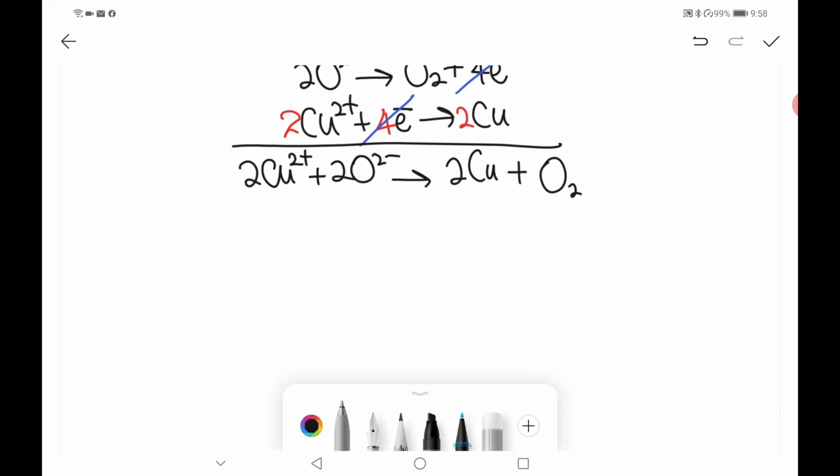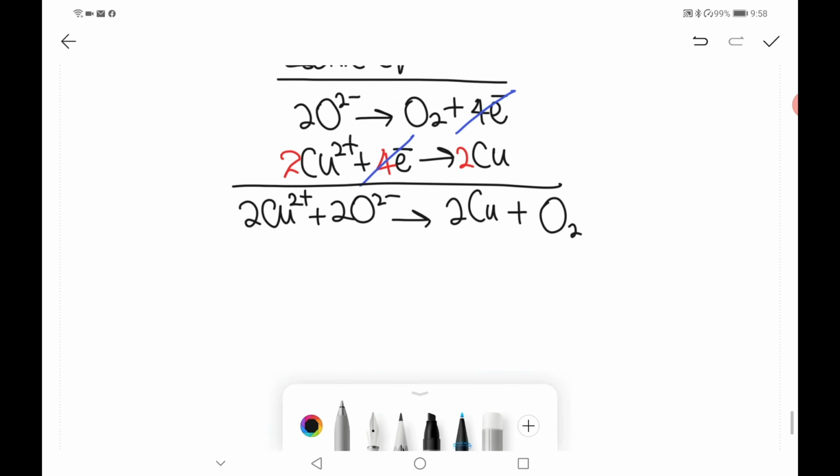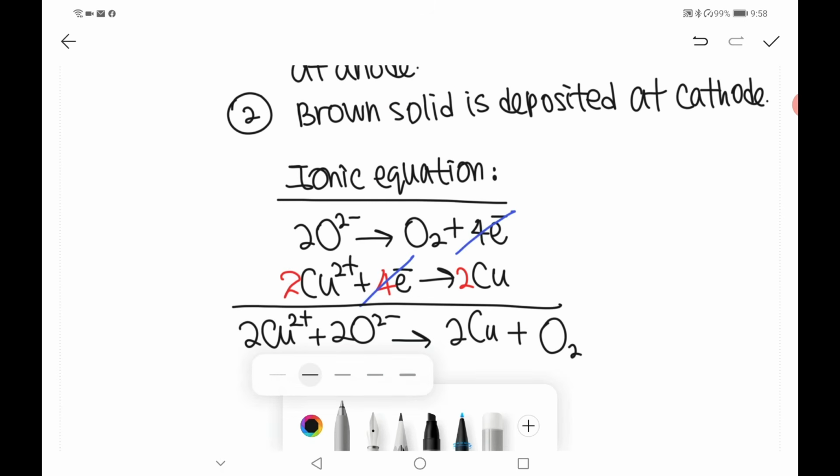Then we write the half equation. Once we have the half equation, we can use it to get observation. We also can combine the half equations to get the ionic equation. So when we have half equation, everything will be easy.